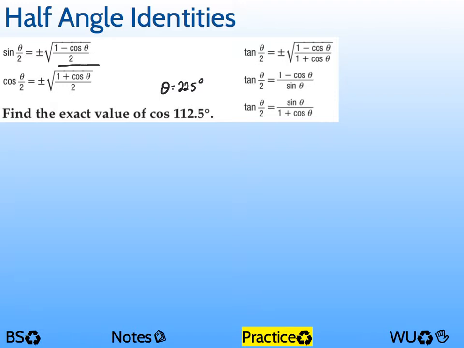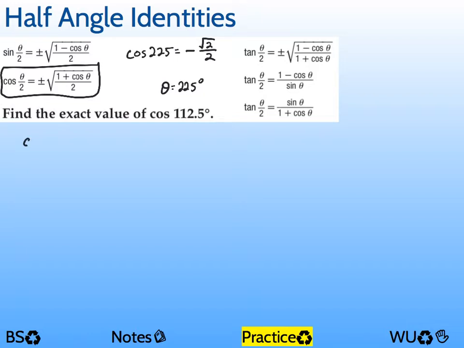Since it's cosine, we'll be using this formula, which means we're also going to need to know cosine of 225 degrees. Well, 225 degrees is in quadrant 3, and cosine of 45, which is the reference angle, is radical 2 over 2. So cosine is negative in quadrant 3, and it's negative radical 2 over 2.